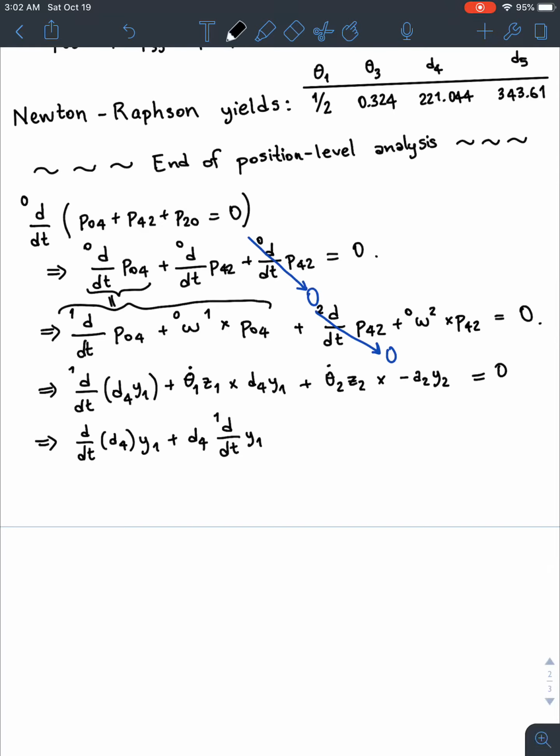Now, look at this here carefully. When I took the derivative of a scalar, I don't need to record in which frame I'm taking that derivative. And the reason is that scalars don't change depending on which frame you express them in.